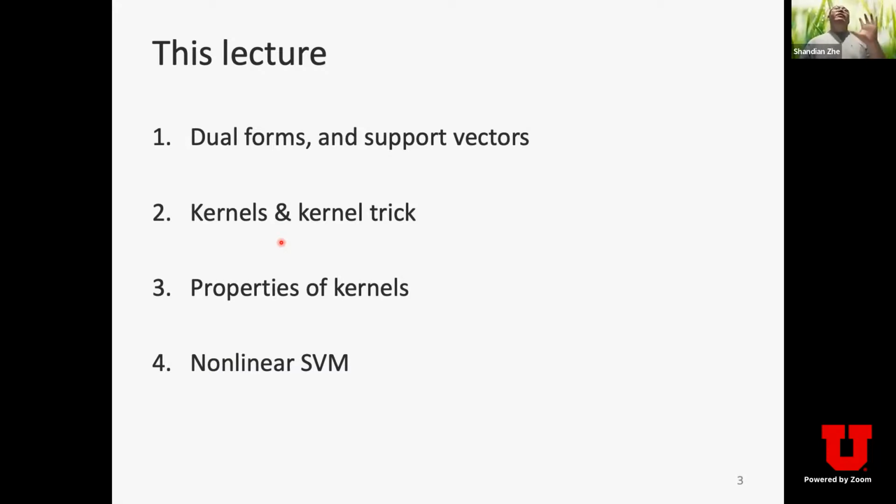But to arrive at that 5 lines of code, you need to know a series of reasoning chains, which is not hard, but kind of lengthy. So I highly recommend everyone go through the lecture slides after the lectures and try to catch up with the logic flow. We're going to first talk about dual forms and support vectors.